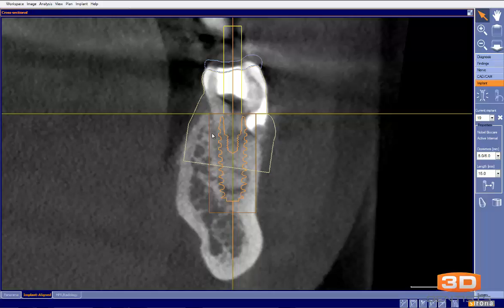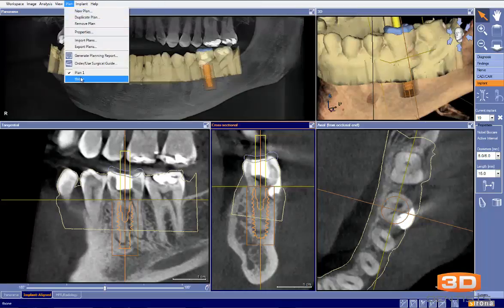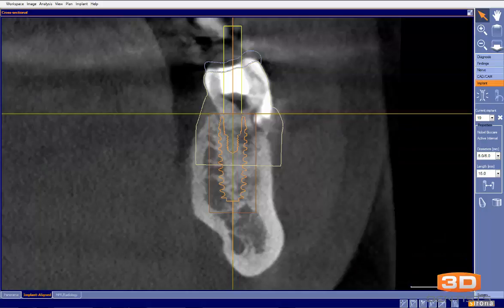We don't necessarily want to go in through the root because, as you can see here, one of the reasons this tooth has probably lost some gum is that the buccal plate was thin. In this particular case, I would want to do this for another reason. If we choose to do an immediate placement here, it's also going to help me gain primary stability.